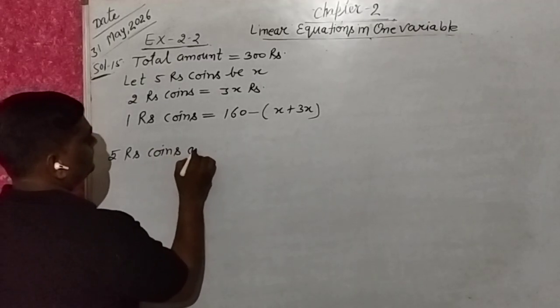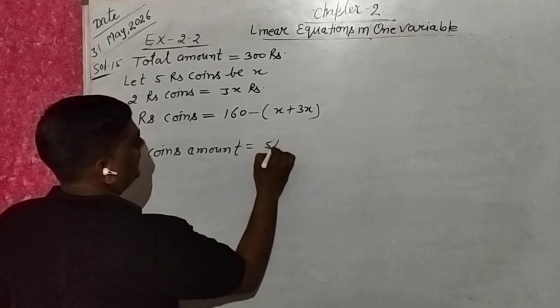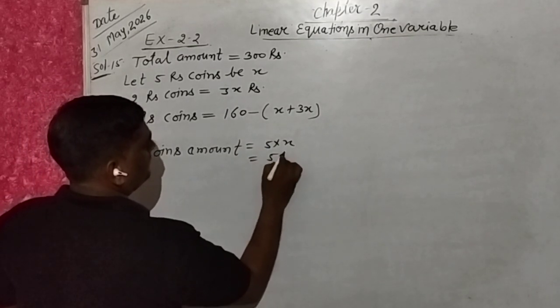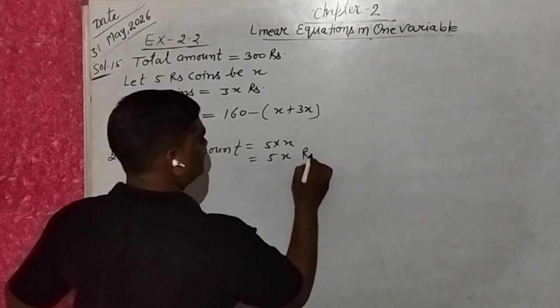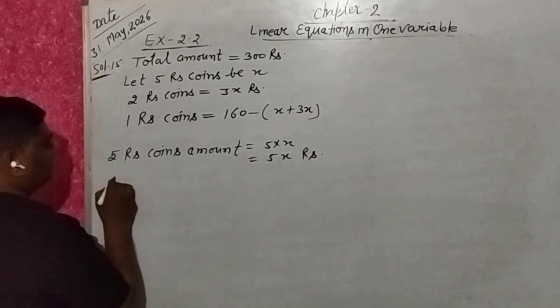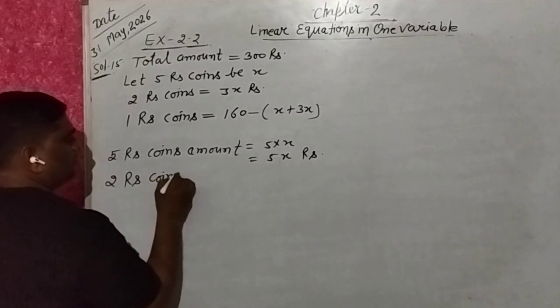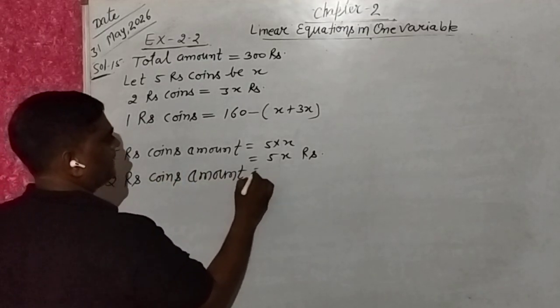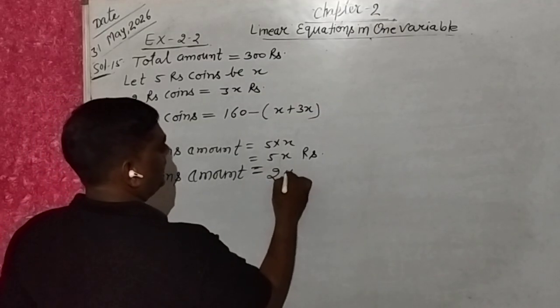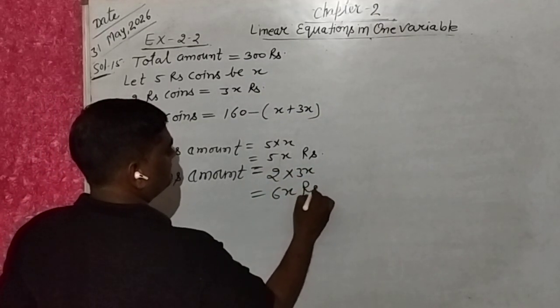Now the 5 rupees coins amount is 5 into x, 5x rupees. The 2 rupees coins amount is 2 into 3x, 6x rupees.